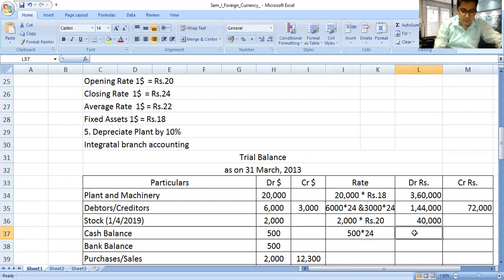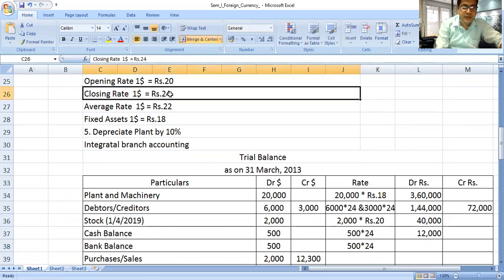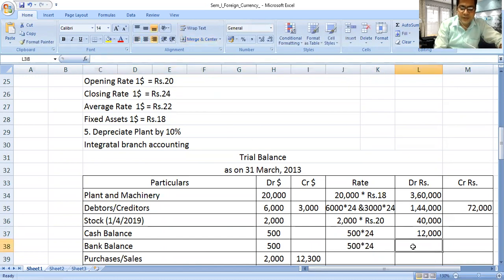How much will be the value? 24 fives are 12,000. Yes. Now after that, bank balance. For bank balance we also consider the closing rate, because it is a monetary item, 12,000.